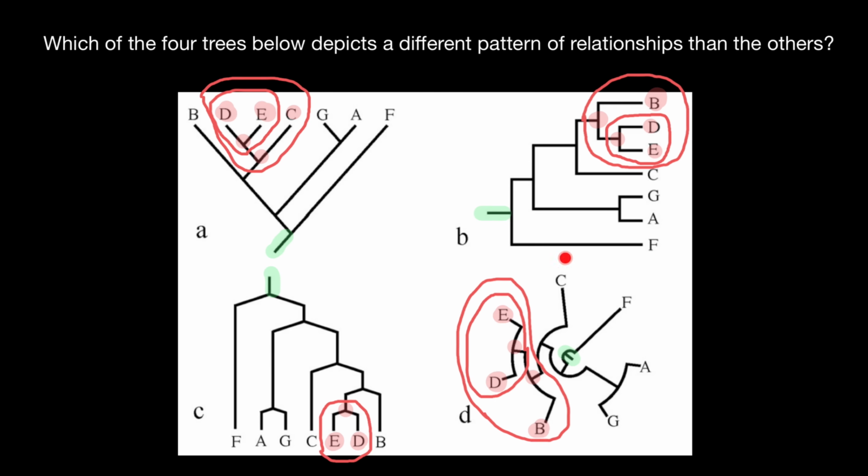Now we see that diagrams B and D show the same type of relationship between different taxa, but now let's analyze the last one, C. The clade which includes E and D taxon also has a recent common ancestor, which is here, with taxon B, and we can arrange them into one clade.